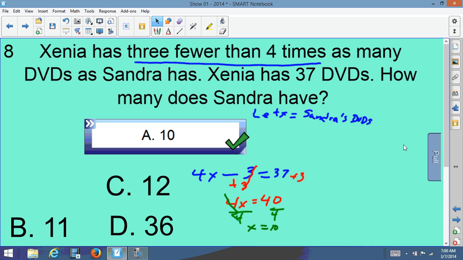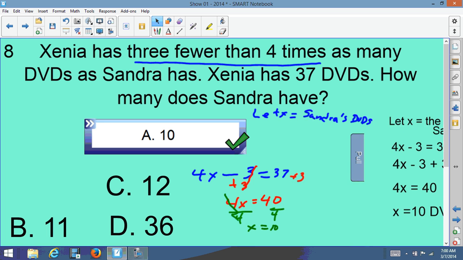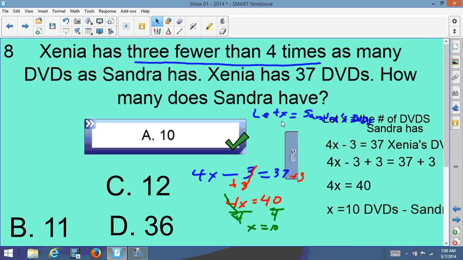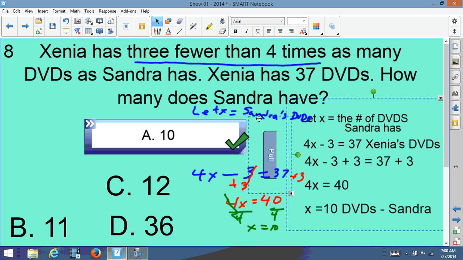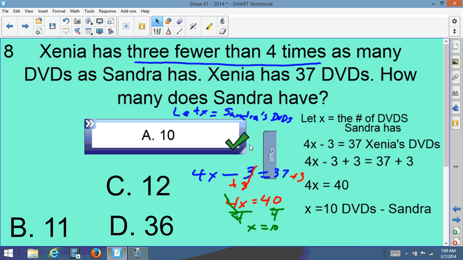So let's pull this tab out. Let's see what we got here. Let me make this look a little neater. So we said let X equal Sandra's DVDs, the amount she has. 4 times X minus 3 equals 37, that's Xenia's DVDs, because that was the equation that we got.